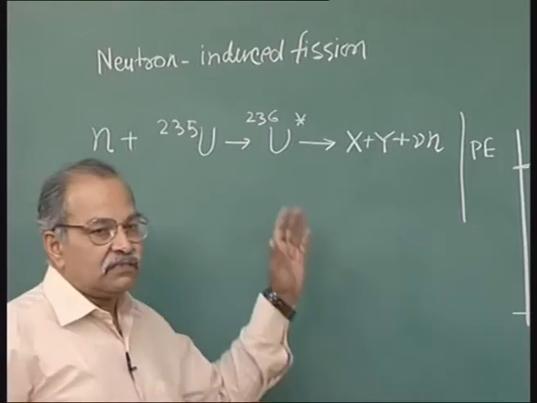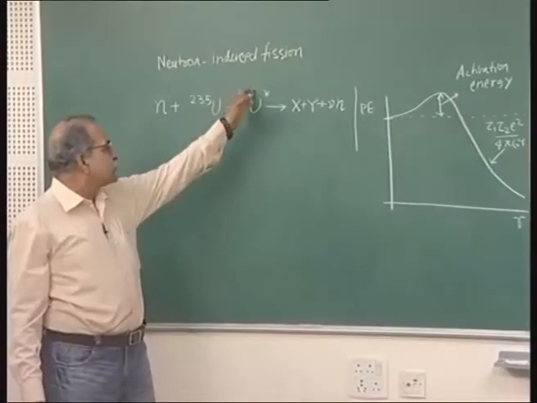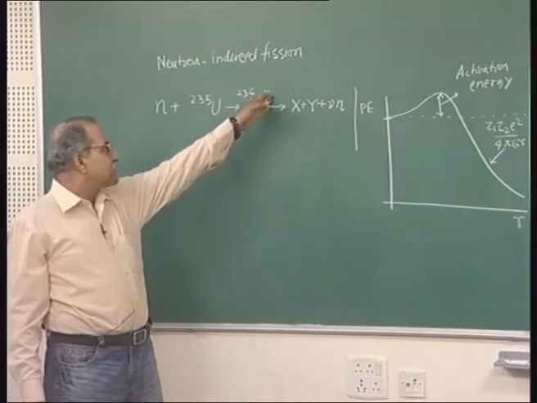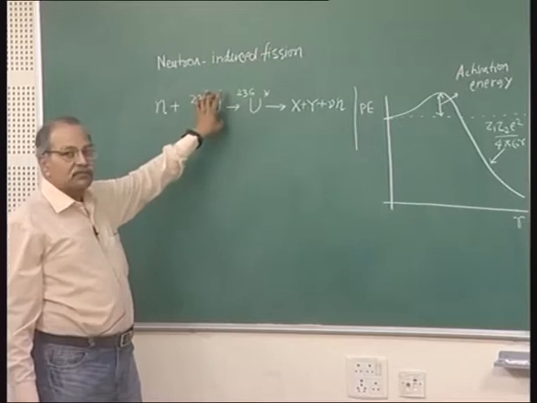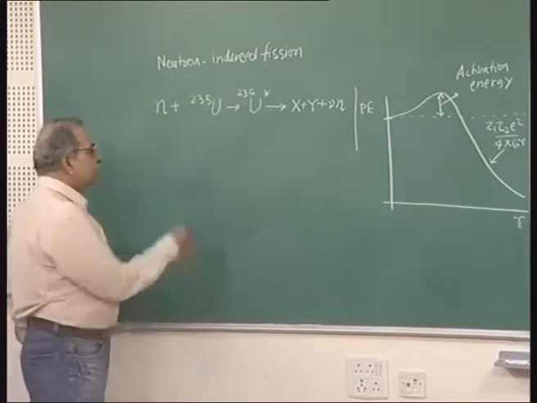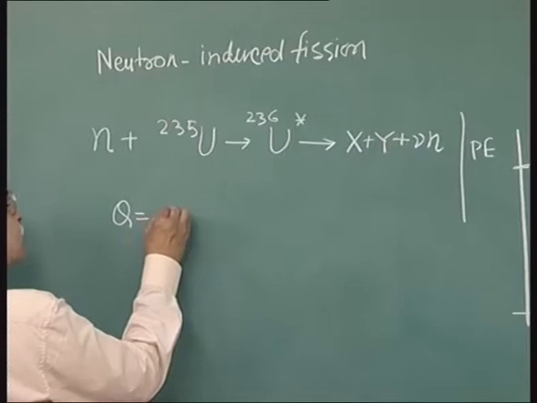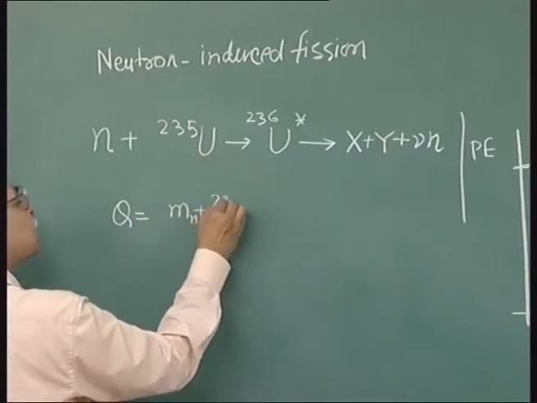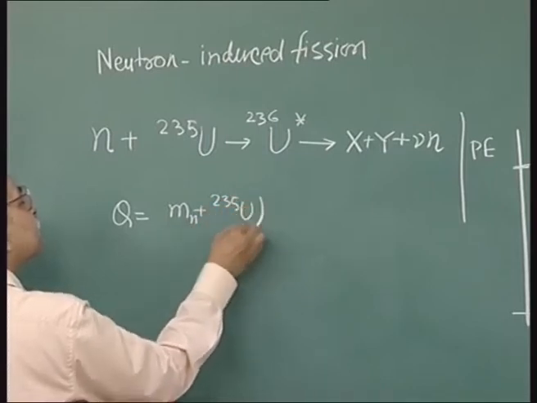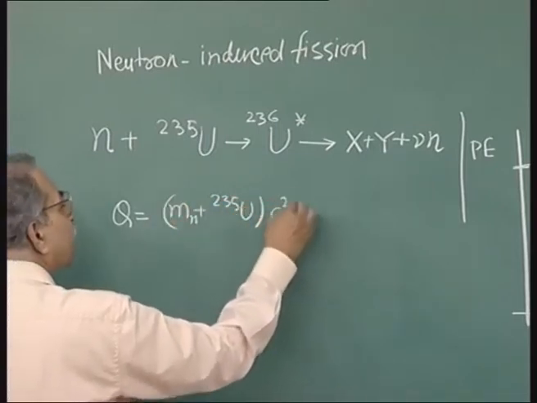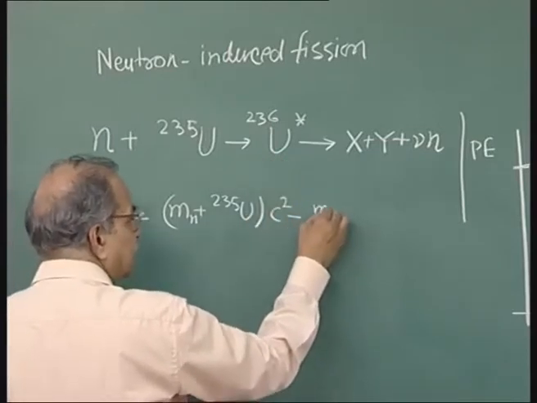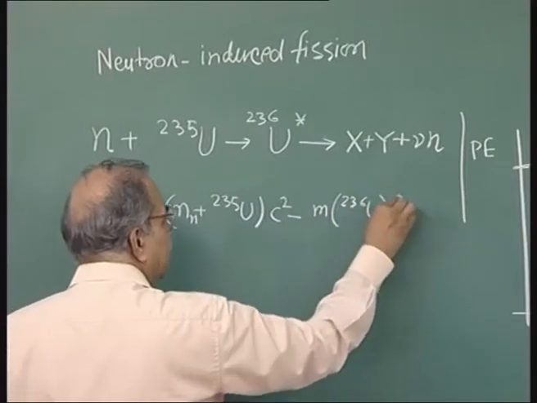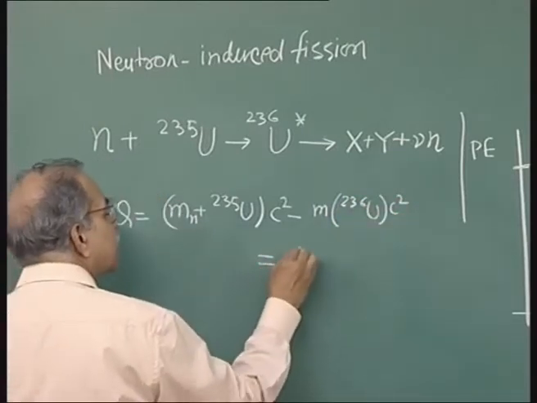Now, this nucleus uranium 236 is formed in excited state. That is because if you work out the Q value of this reaction, that means the rest mass of the neutron plus the rest mass of uranium 235 times c square, minus the rest mass of uranium 236 in ground state times c square, that turns out to be something like 6.6 MeV.